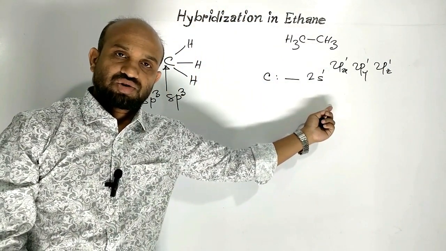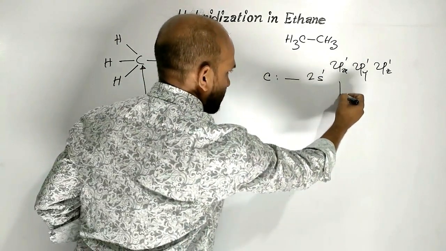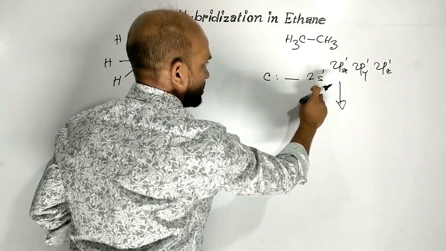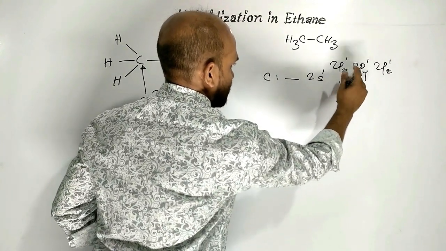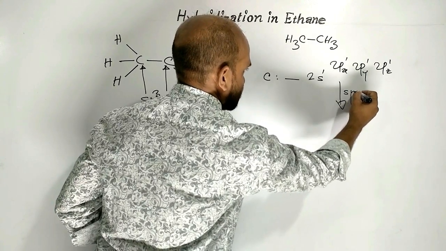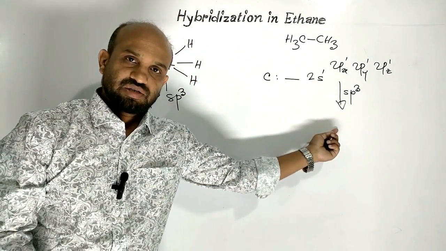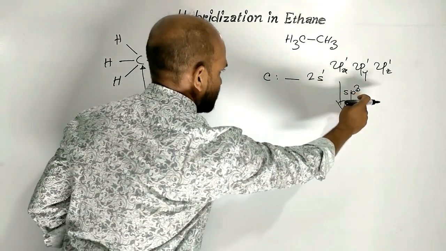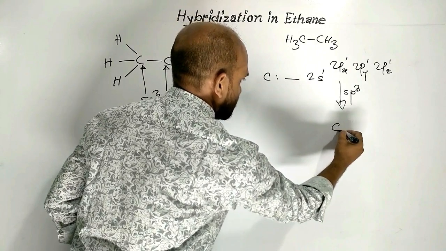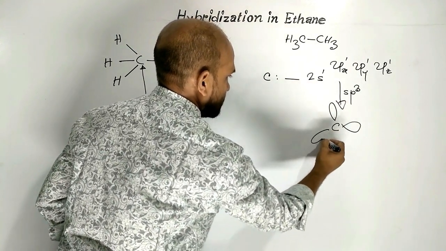Outermost electronic configuration. Here all the 4 orbitals, that is 1 s and 3 p orbitals, take part in hybridization, and after sp3 hybridization 4 orbitals are formed like this.